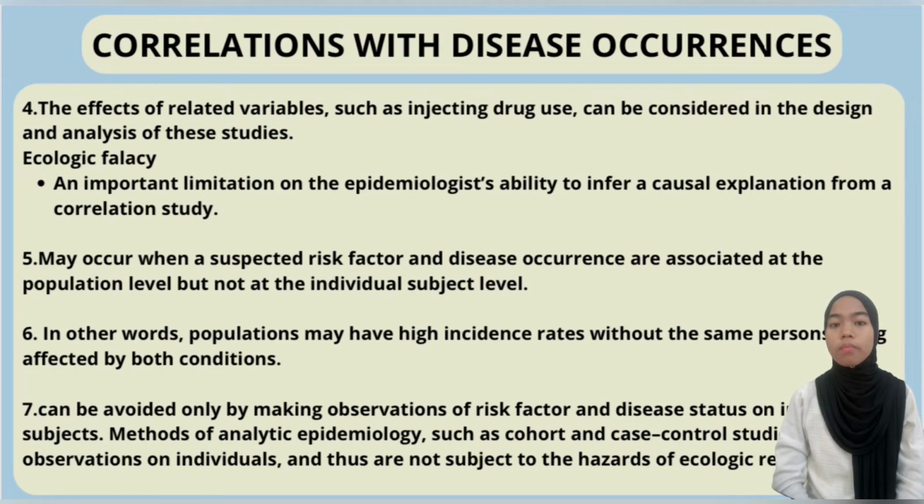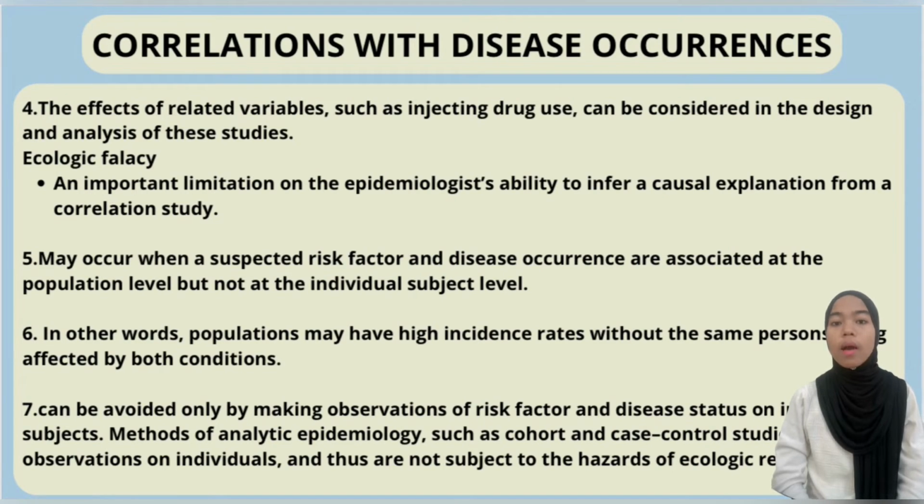Ecologic fallacy. An important limitation on the epidemiologist's ability to infer a causal explanation from a correlation study may occur when a suspected risk factor and disease occurrence are associated at the population level but not at the individual subject level.